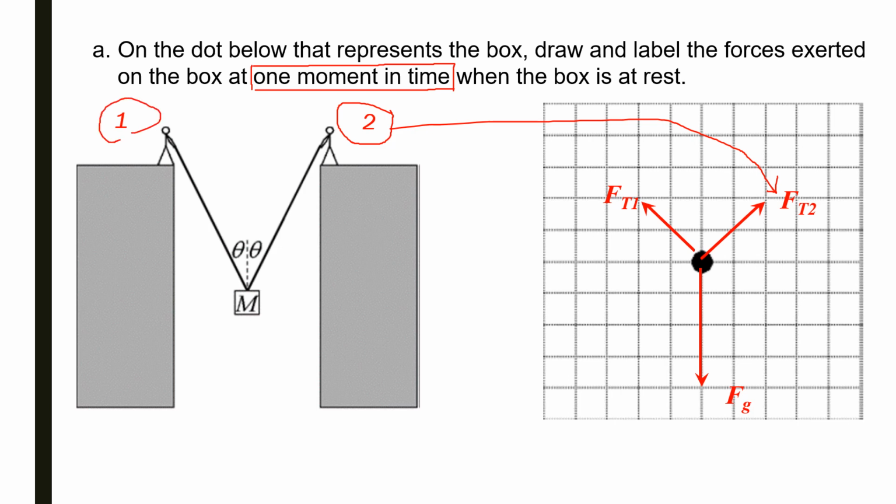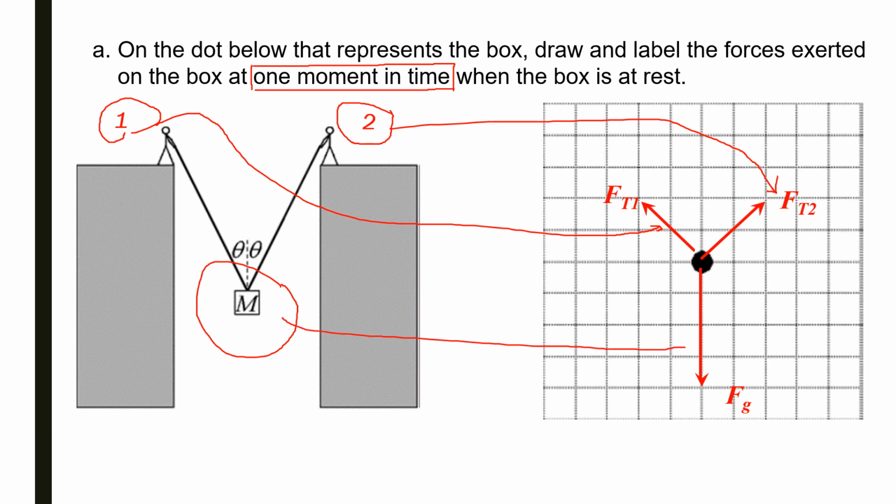Force tension number 1 is represented by force tension number 1. And of course, the mass is always subjected to gravity, and that is what we call the force of gravity, also known as weight.